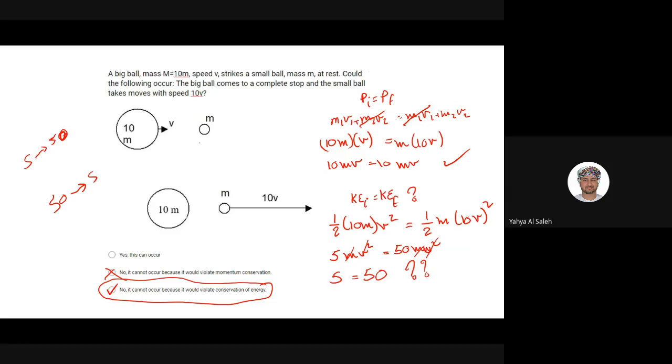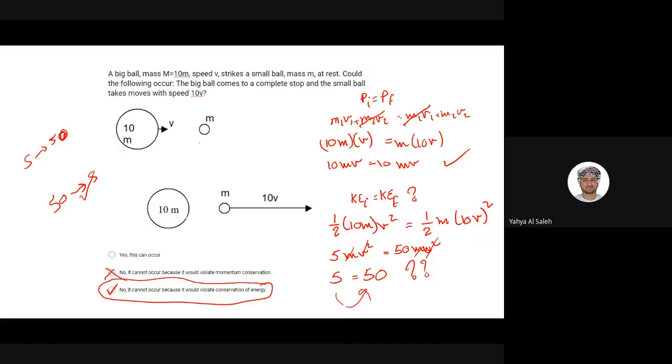See, if it was 50 to 5, in theory it would be okay because our kinetic energy got reduced. So it lost it due to friction, due to heat, due to sound. It's an inelastic collision. But if the momentum is conserved and the kinetic energy is reduced, that's fine. Our problem here is the energy seems to increase by a factor of 10, from 5 to 50.